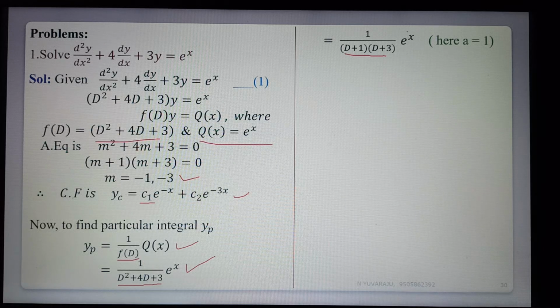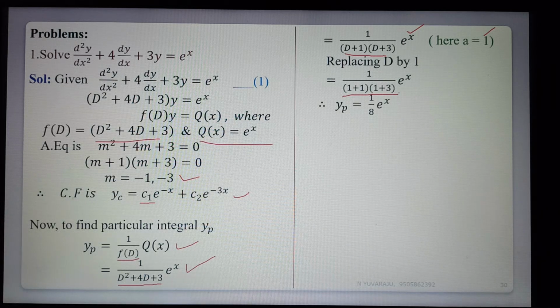Here, by the formula for e power ax, a is equal to 1. So we replace D by 1, giving 1 by 1 plus 1 into 1 plus 3 into e power x, that is equal to 1 by 8 into e power x. This is the required particular integral when Q of x is equal to e power x.